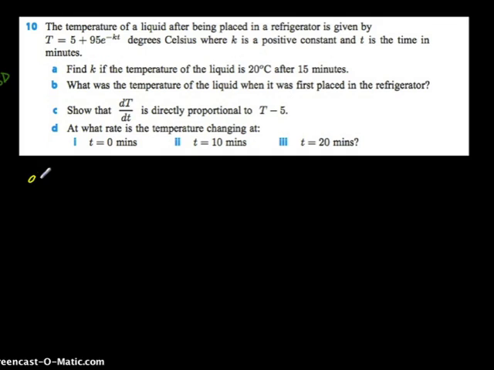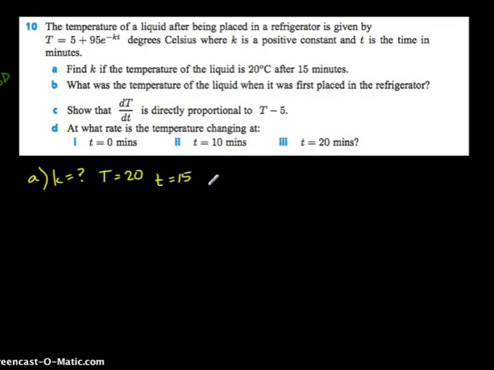So for A, we're looking for the value of k, our positive constant, which means if we get a negative, something's wrong. And it's for when T, our temperature, is 20, and our time is after 15 minutes, so little t equals 15.